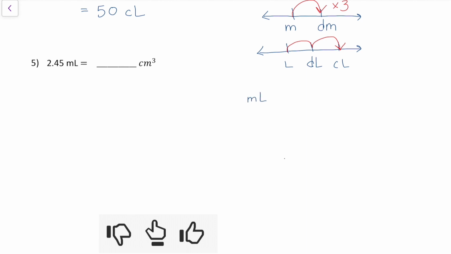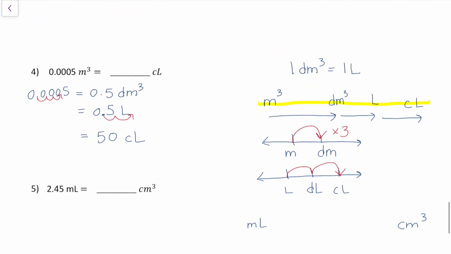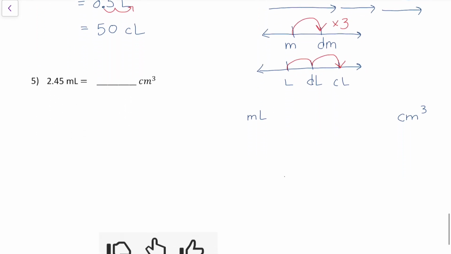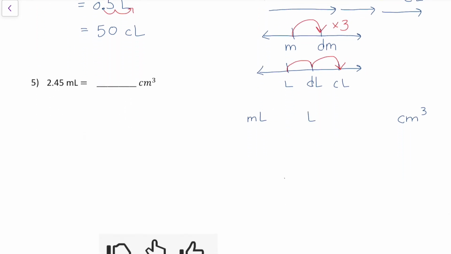I need to get from milliliters to cubic centimeters. I know my kind of middle bridge is 1 decimeter cubed is 1 liter. So I first need to get to liters, and then I can get to decimeters, and then I can get to centimeters. So I'm going milliliters to liters, then to my decimeters cubed, and then to my centimeters cubed. So to get from milliliters to liters, I've got deciliters, centiliters in between.